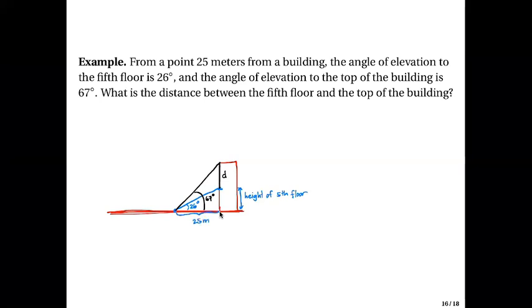The other right triangle is the one with the hypotenuse in black, all the way down to the ground floor, and of course this 25 meters here.